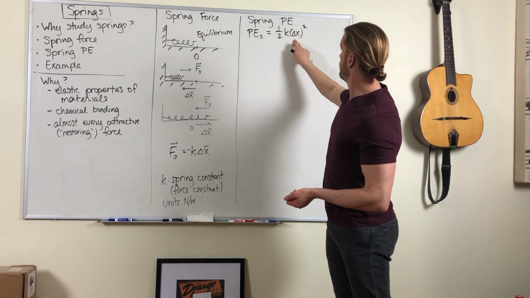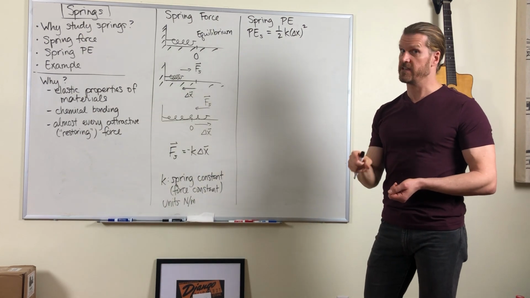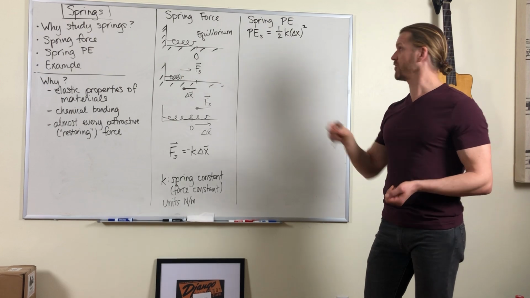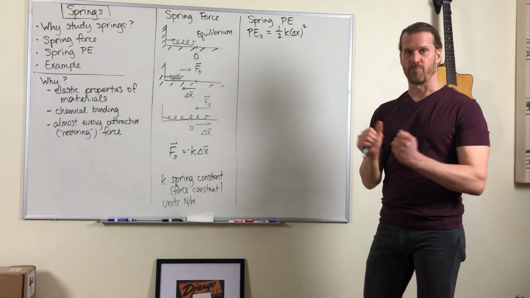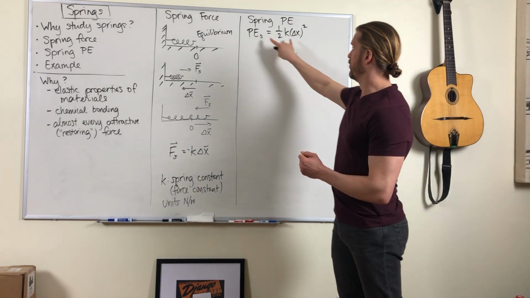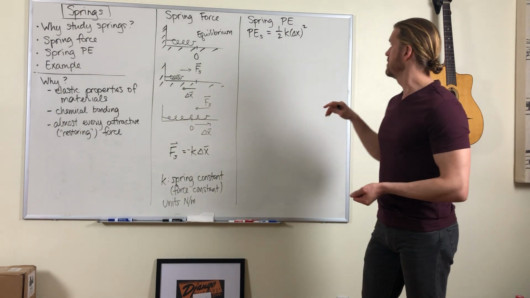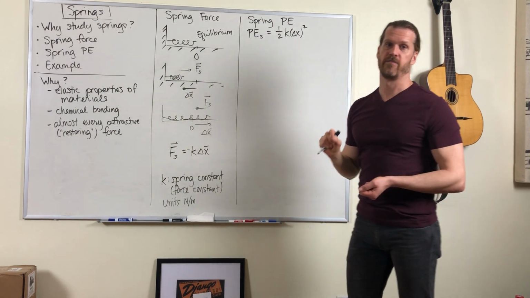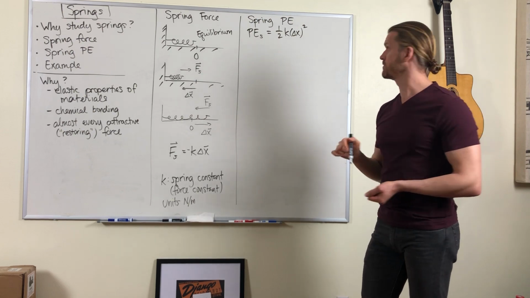And notice that because the displacement is squared, it doesn't matter whether delta x is positive or negative. Stretching or compressing the spring either way will give you positive potential energy. In fact, you can only ever have positive potential energy for springs. It can never be negative.